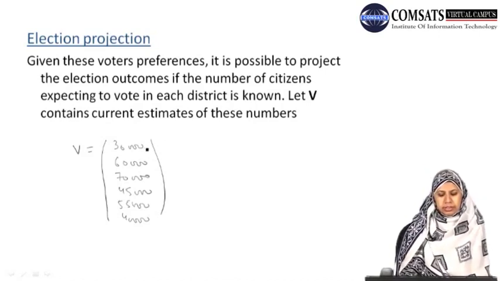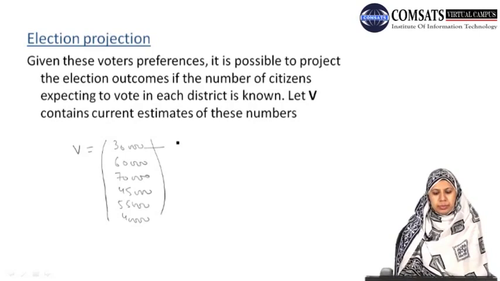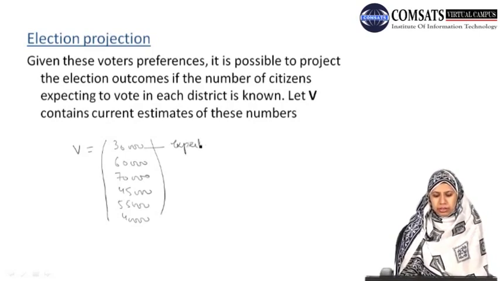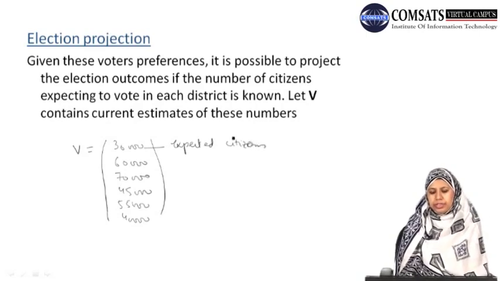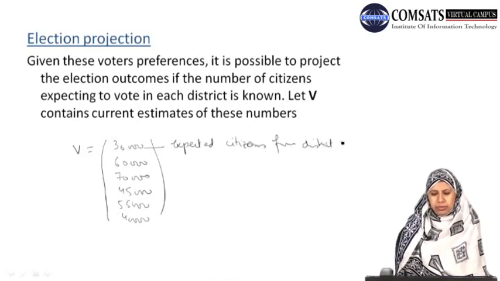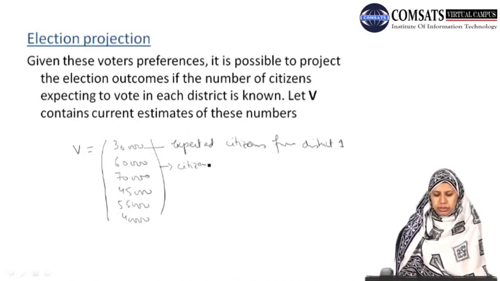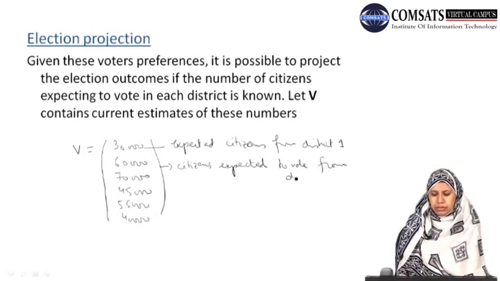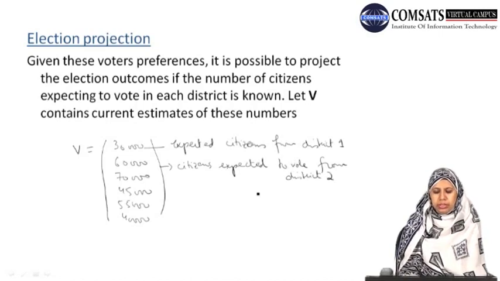That is, this tells us the number of citizens expected to vote from District 1, the citizens expected to vote from District 2, and so on.